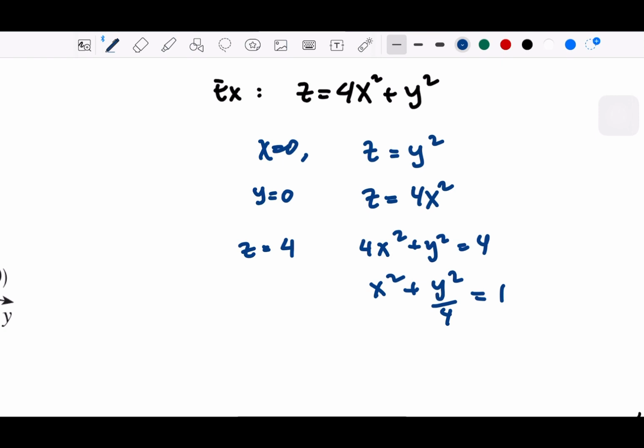So we have an ellipse at z equal 4. At that point, we have a plane that is going to be an ellipse. So this will be a parabola. This will be an ellipse.